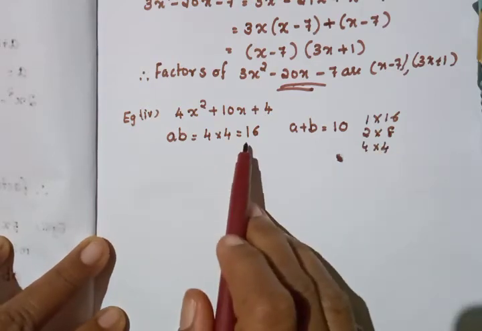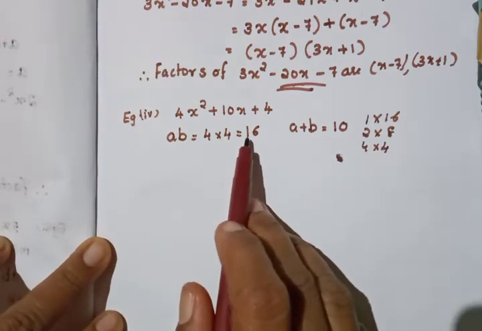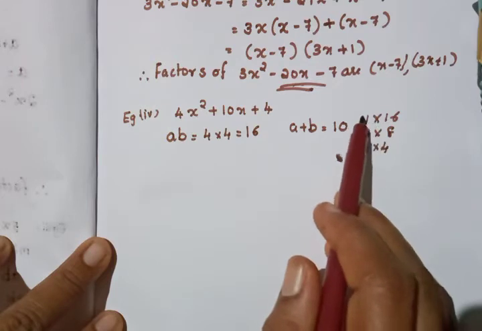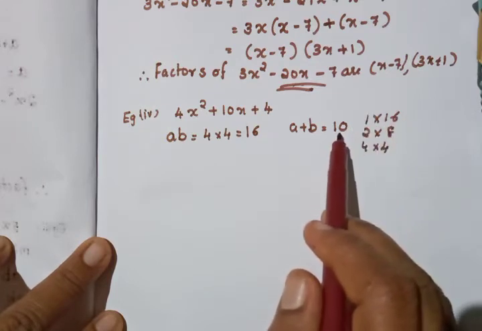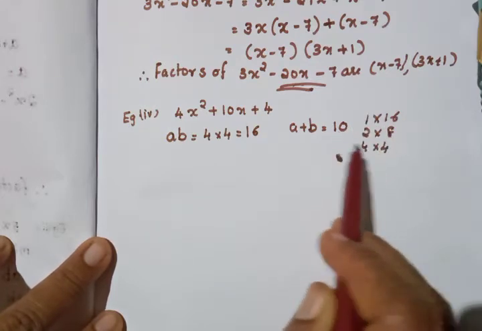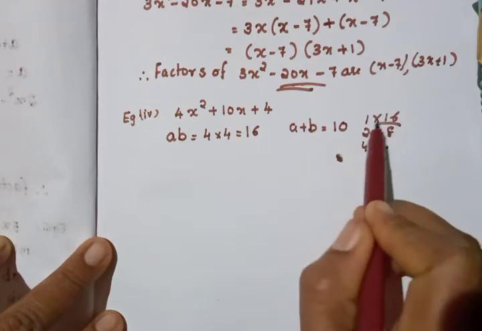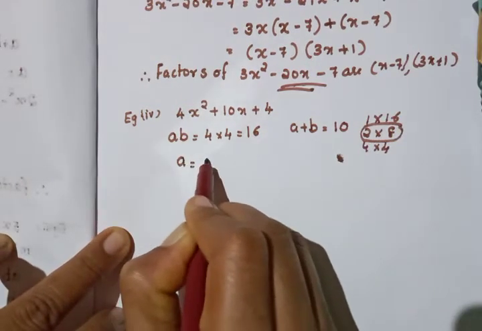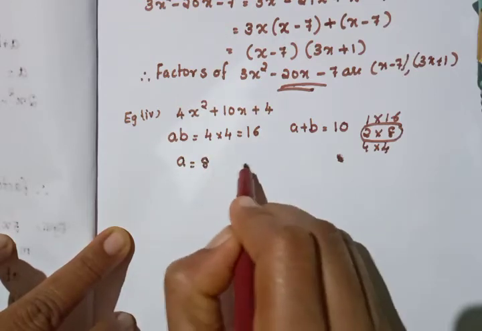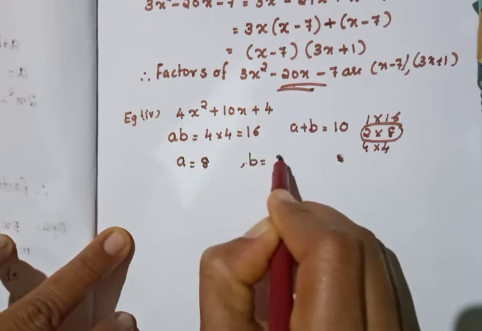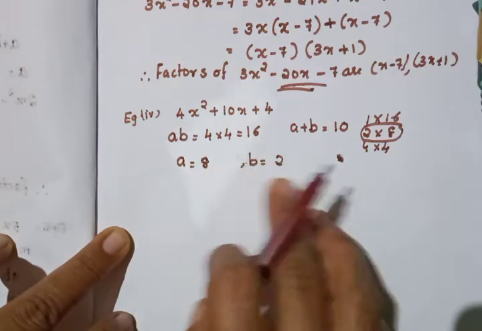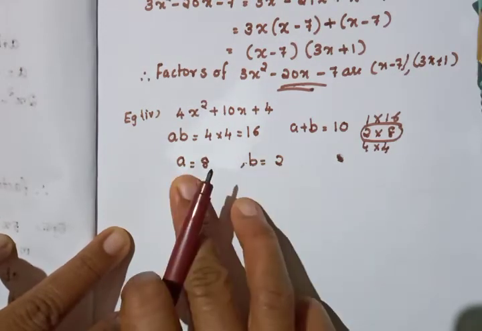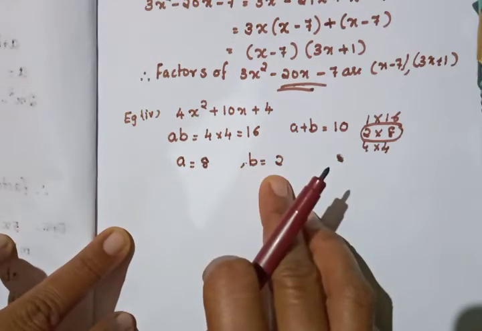Okay, what is the sign of this number? It is positive. Correct? So you are adding 1 plus 16, you won't get 10. 4 plus 4, you won't get 10. So what will be the numbers here? 2 and 8. So a can be positive 8 and b can be positive 2. It's up to you. You can take a as 2, you can take b as 8.